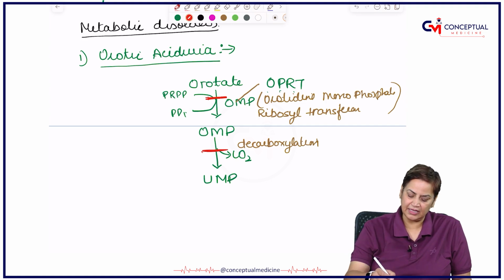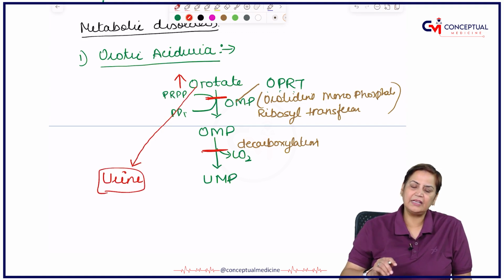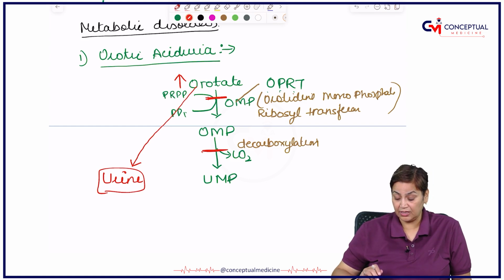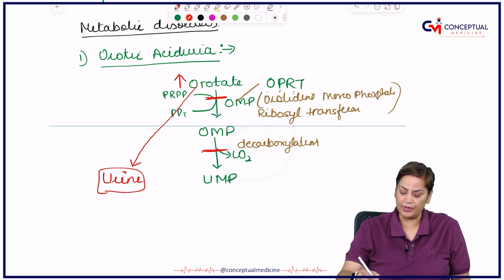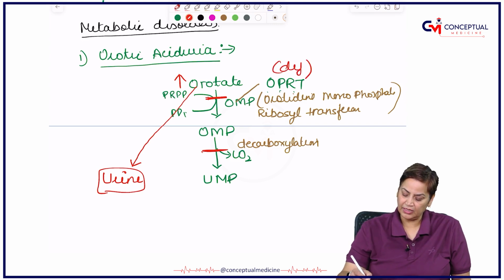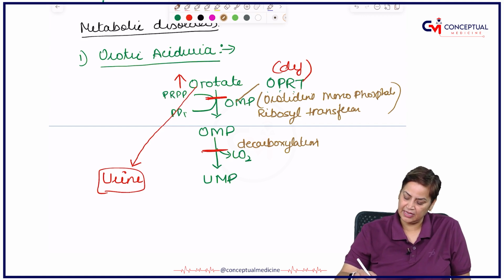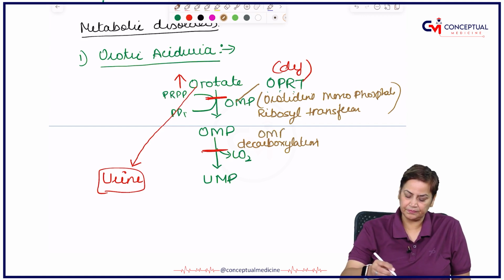Whatever is the reason, there is increased concentration of orotic acid which is excreted in urine. So it is known as orotic aciduria, where there is deficiency of either the OPRT enzyme or the OMP decarboxylase enzyme.